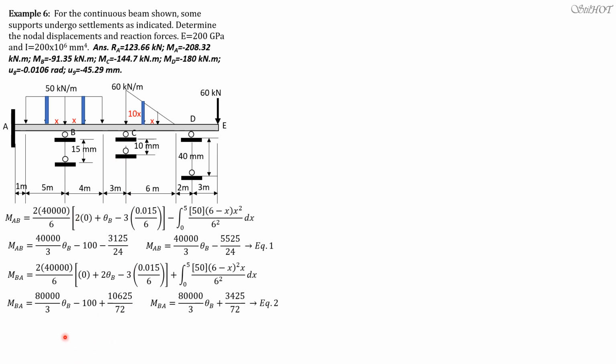So moment BC is 2 times EI, 40,000 over 7, times the quantity 2 times theta B plus theta C, minus 3 times negative 0.005 over 7, minus the fixed moment, which is the integral of 50 dx times x times 7 minus x squared over 7 squared.